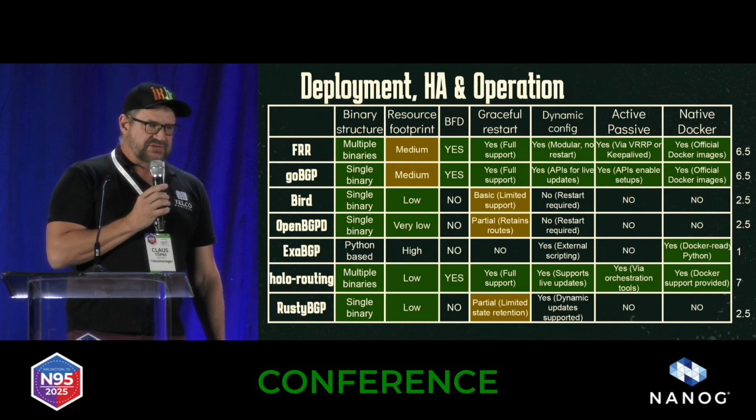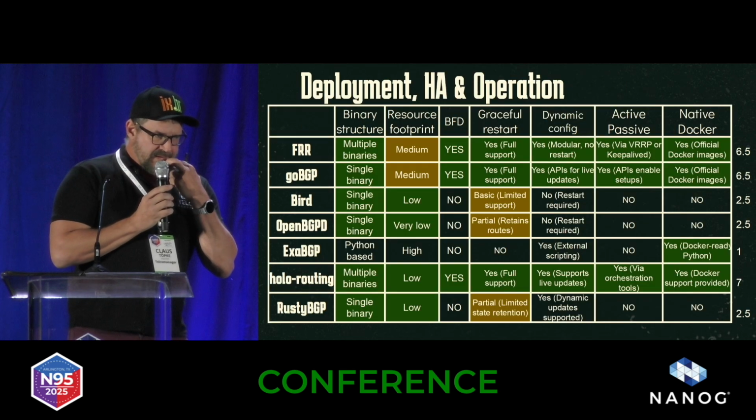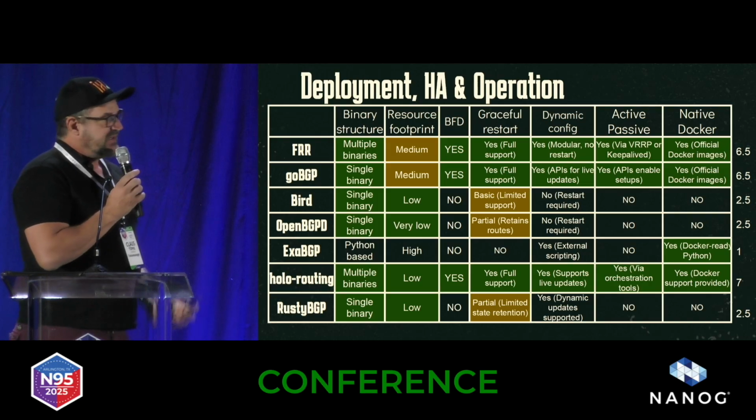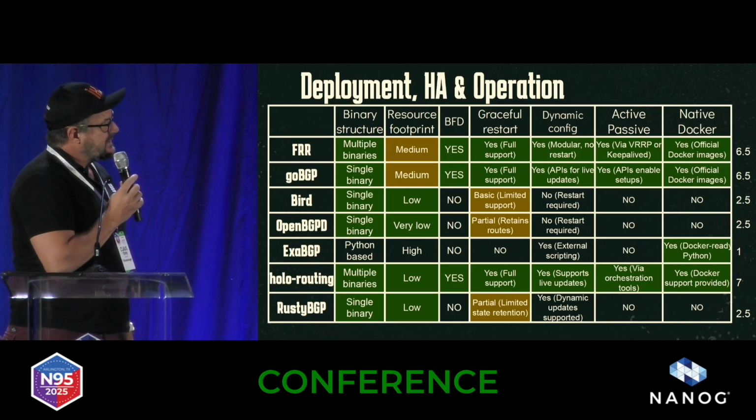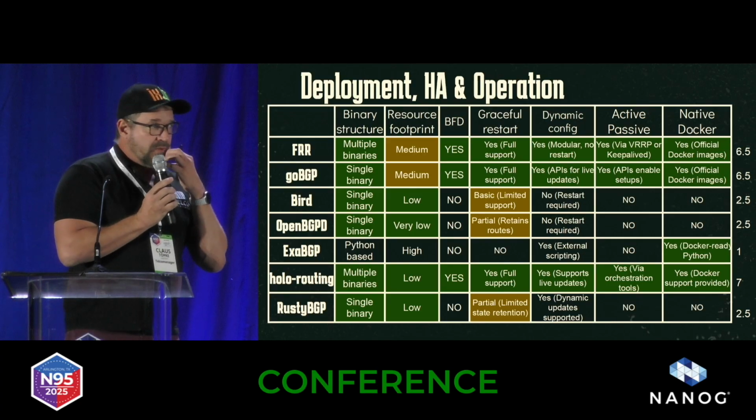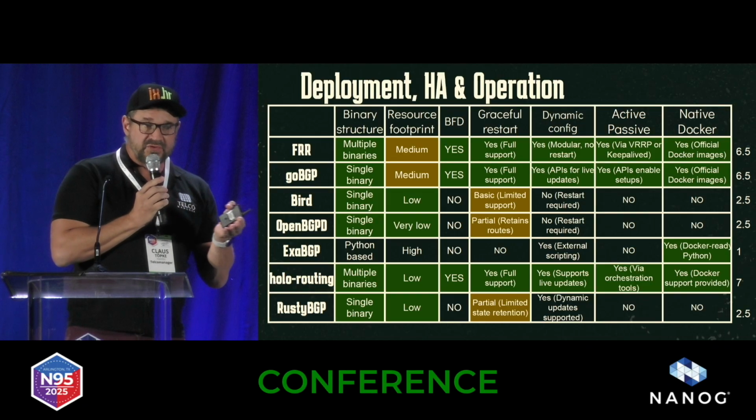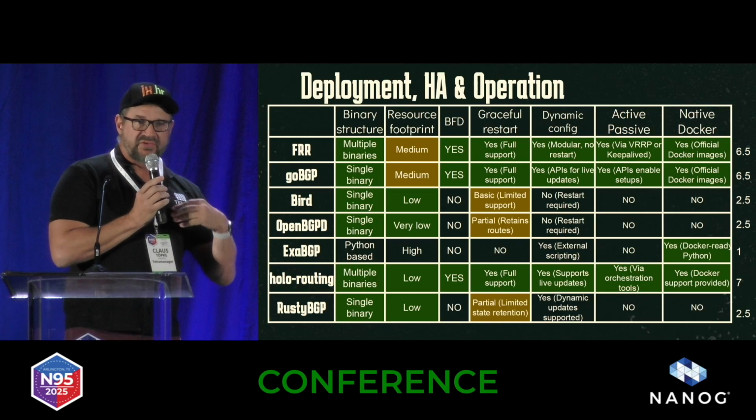Deployment and operation. I think one important thing here is how we can deploy these. In my tests, I used a Docker container for each of those BGP daemons, which is easier.